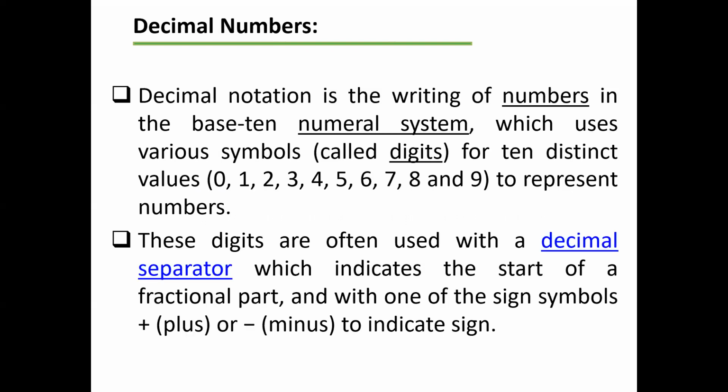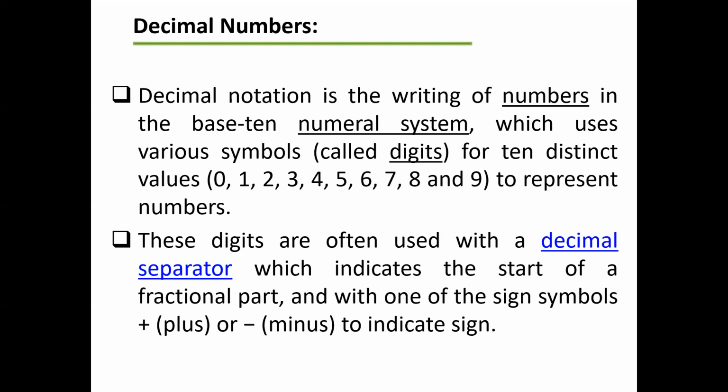Okay, for decimal notation, it is the writing of numbers in the base 10 numeral system, which uses various symbols called digits, for 10 distinct values. Kasi sinabi nga decimal, so 10 ang ginagamit na base. So ang values na gagamitin natin for decimal ay 0, 1, 2, 3, 4, 5, 6, 7, 8, and 9.